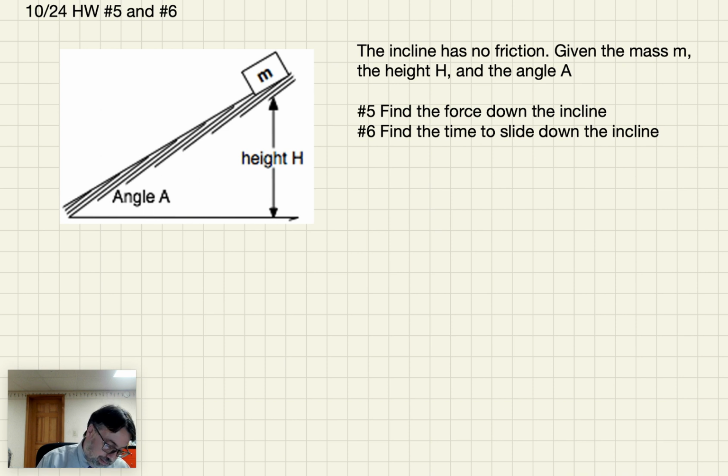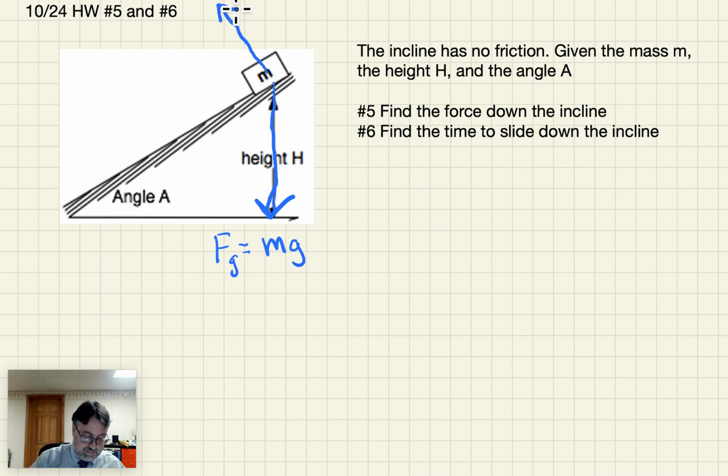The forces acting on the block: I have the weight vector going straight down, and I'm going to label that mg. That's the force of gravity. And I have the normal force, which is perpendicular to the incline. And that's it. Those are the only two forces.